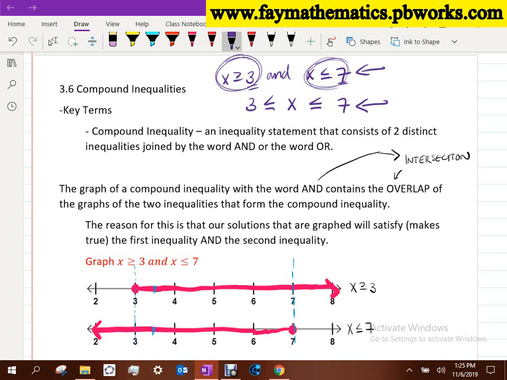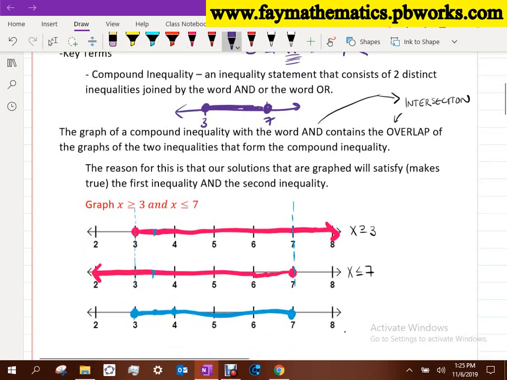If we go through the same argument as before, if I wanted to graph this, don't I start at 3, start at 7, close out at 3, close out at 7, and x is in the middle, right? So don't I shade in the middle? Is that exactly what we got right here? Close out at 3, close out at 7, shade in the middle.